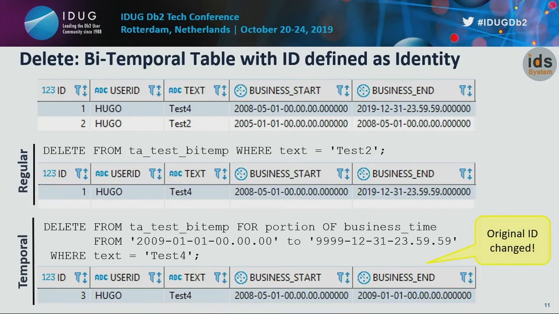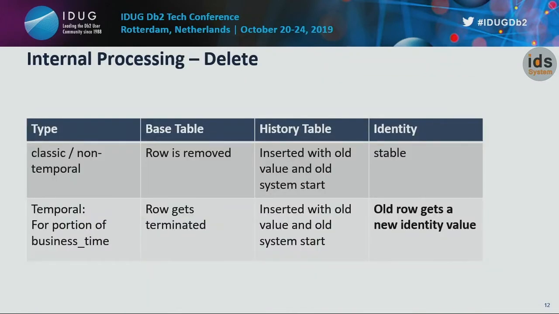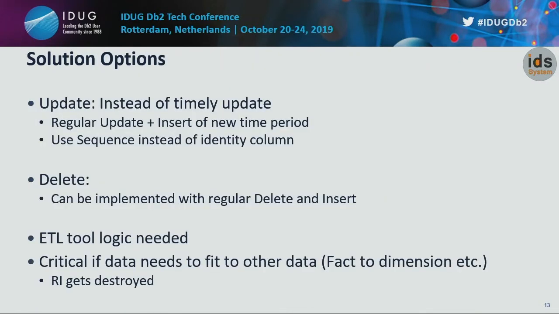Again, this is not what you would like to see in a data warehouse world because your ID, your key, if you have RI and so on, your key has been manipulated. Okay, so identity columns, again, summary, we skip over that. So identity columns is nothing you should look at having the temporal stuff implemented in a data warehouse.